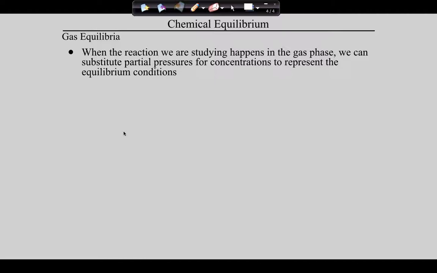So guys, all of these things are gases. So if we were to take a steel vessel and charge it with nitrogen and hydrogen and allow it to form ammonia and come to equilibrium, it would not be best to study that given concentrations because these are gases. Technically, they don't have concentrations. But what do they have?